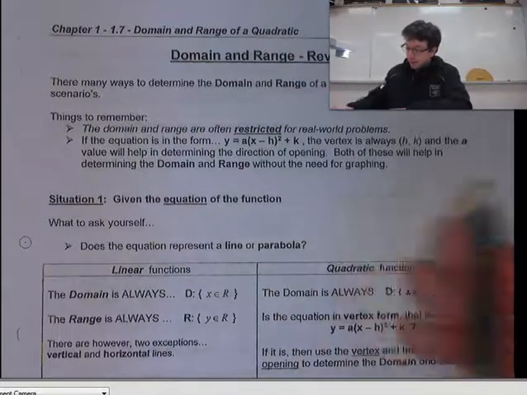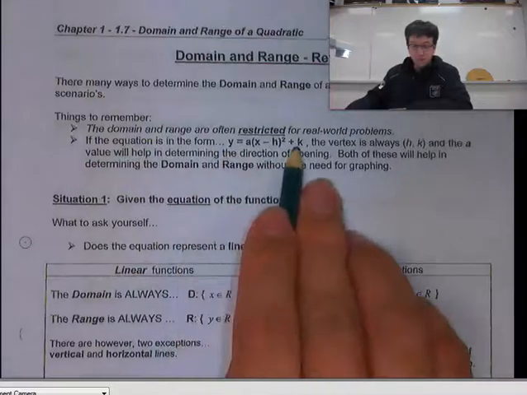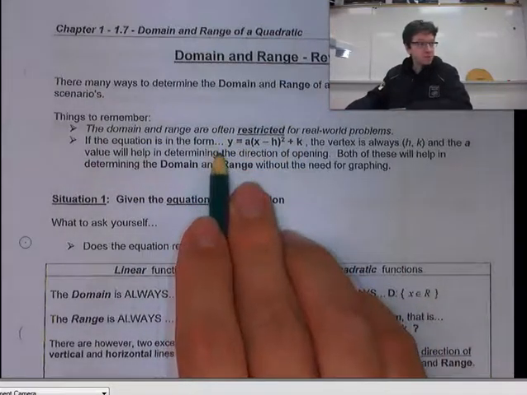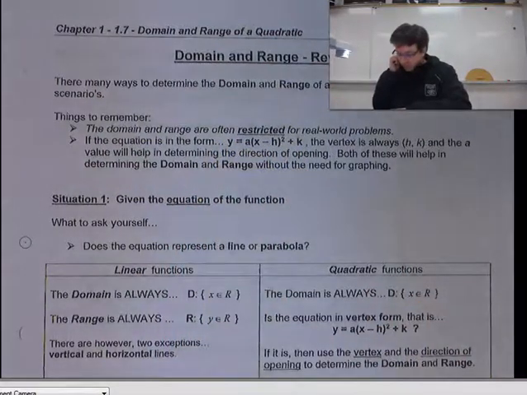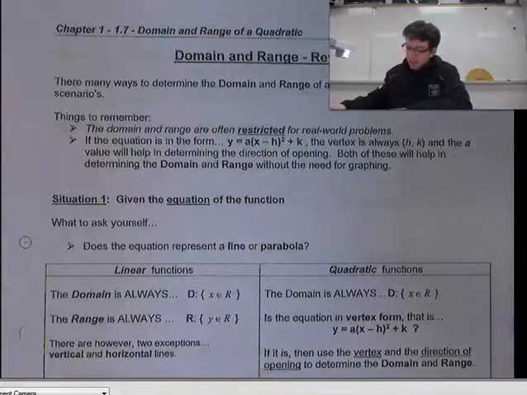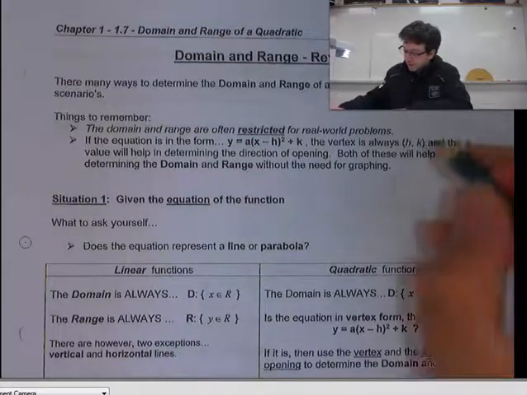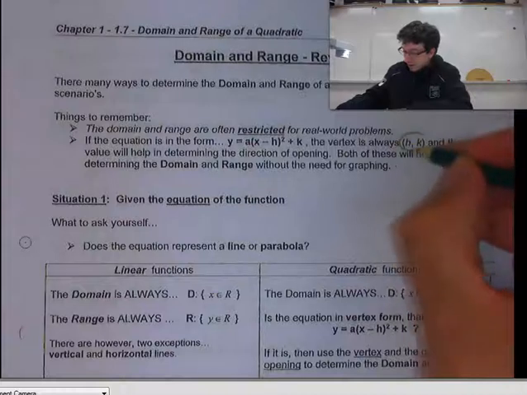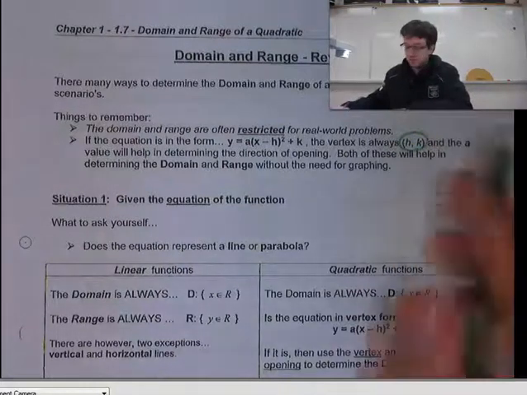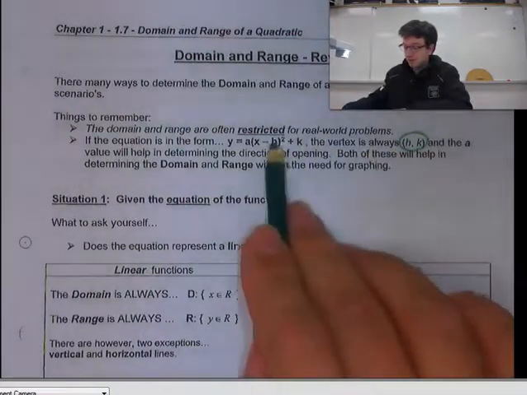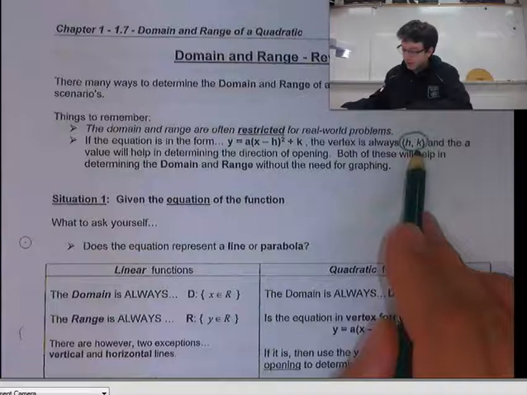Okay. Now we're still going to be using the vertex form. We'll look at different forms in other chapters. But vertex form is very, very useful for identifying domain and range because it tells you directly what the vertex is. You can just look at the equation because (h, k) is our vertex.